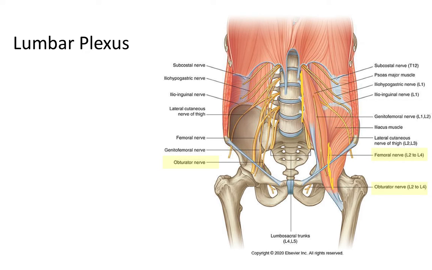So it'll course down right here. And then the obturator nerve, as its name suggests, courses more medial to the psoas muscle and then heads toward, imagine it back here, the obturator foramen, where it's then going to split off into an anterior and a posterior division, or branch, if you will.